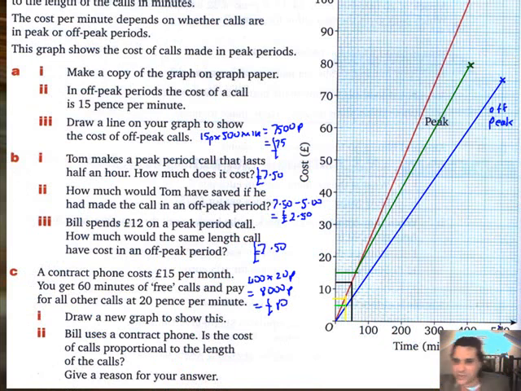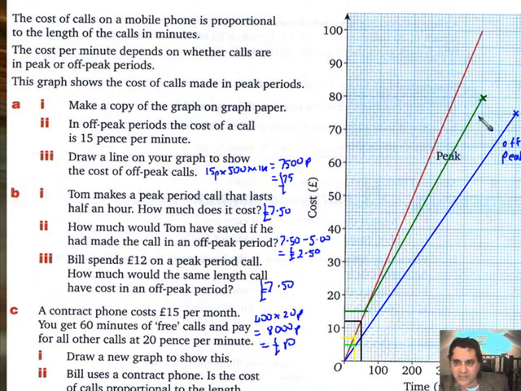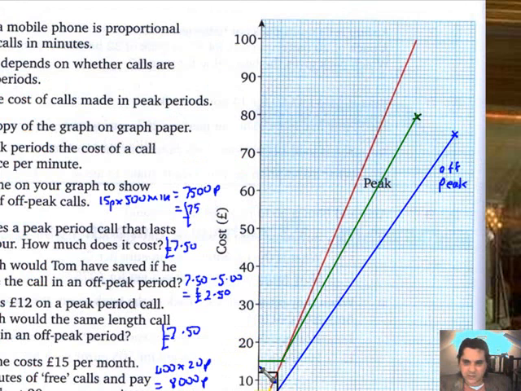So I plotted the point 400, 80, and this part of the relationship is totally linear and in proportion. This part is part of the line, but it's not in proportion. So I've drawn the graph, and Bill uses a contract phone, so this line should in fact be labelled contract. And that's my contract that Bill uses.